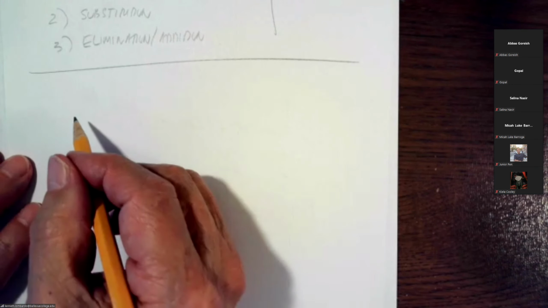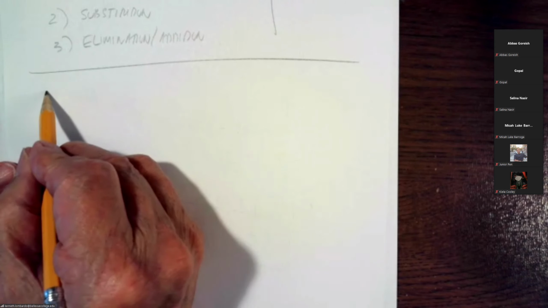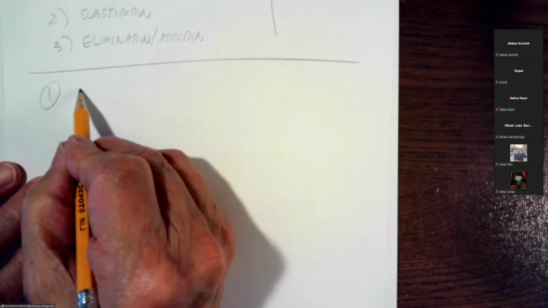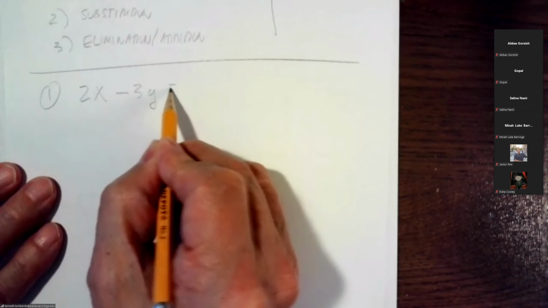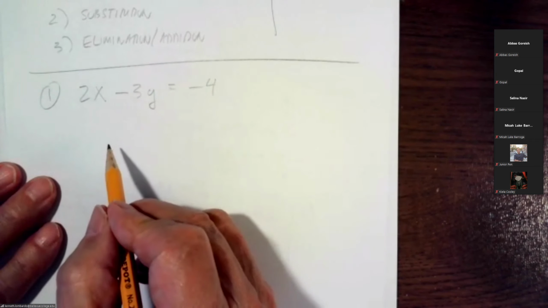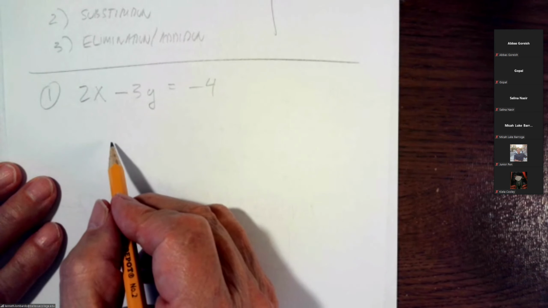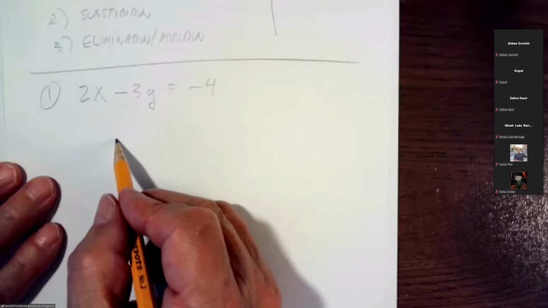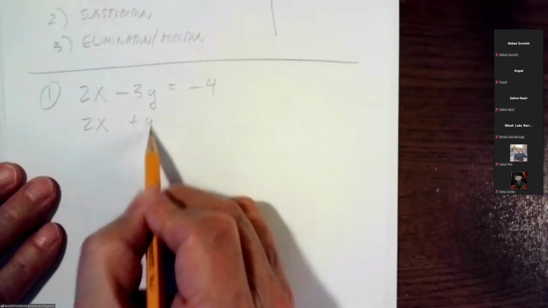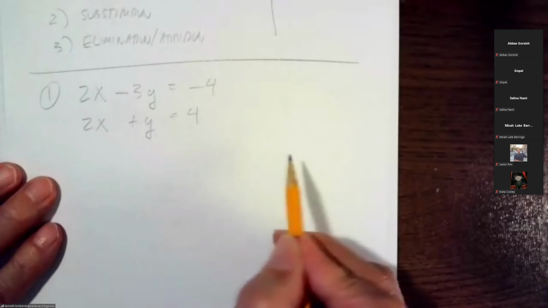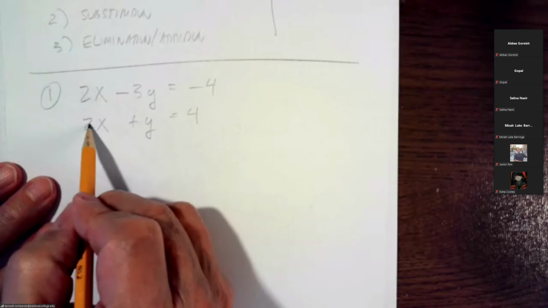So if I give you 2 equations, such as, let's say 2x minus 3y equals -4, and maybe I give you a second equation, 2x plus y equals 4. So here we have 2 equations.